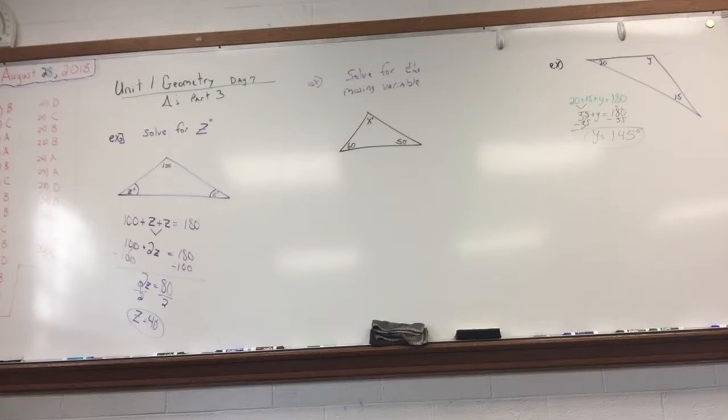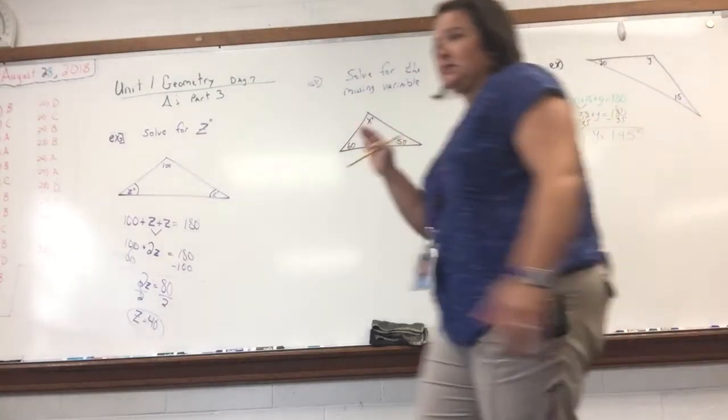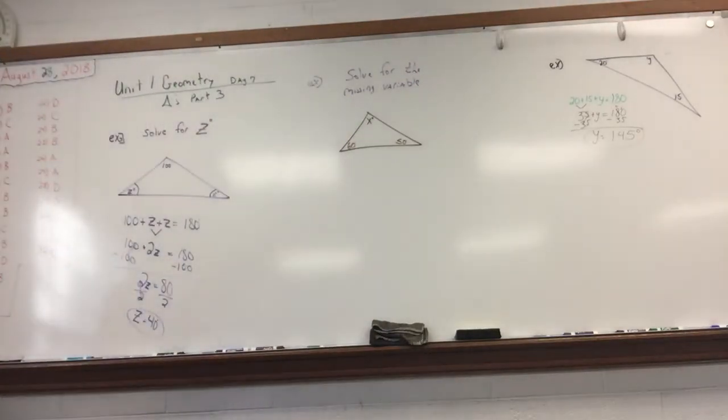Remember, when you're finished, raise your hand and I'll come around and take a peek at it, okay? Make sure that you write it with x equals when you have your final answer so I can see it.